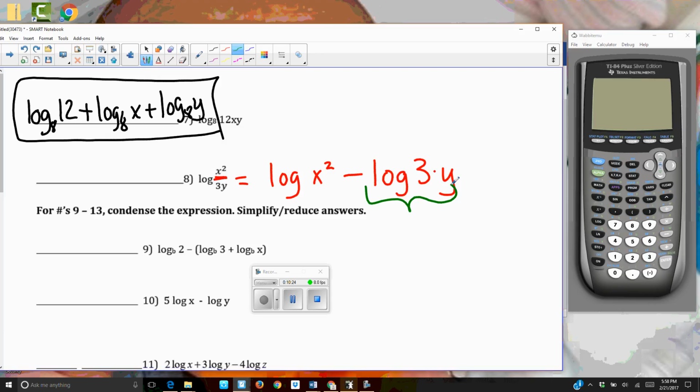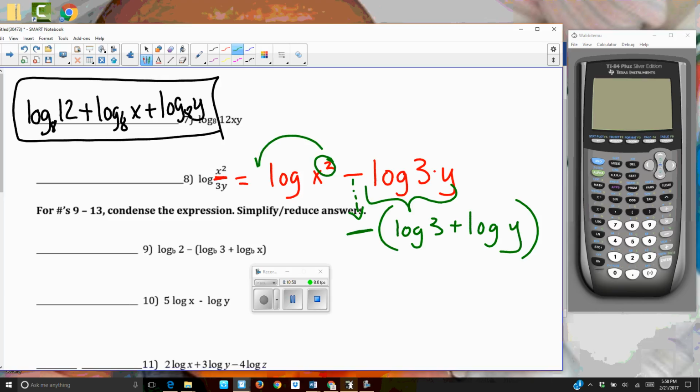So we can rewrite log 3 times y as log 3 plus log y. It's all in parentheses because remember this subtraction sign comes down and we're subtracting everything on the right side. So that means you have to have the parentheses around the log 3 plus log y. And then log x squared, this number right here just moves to the front. So this ultimately is your answer.